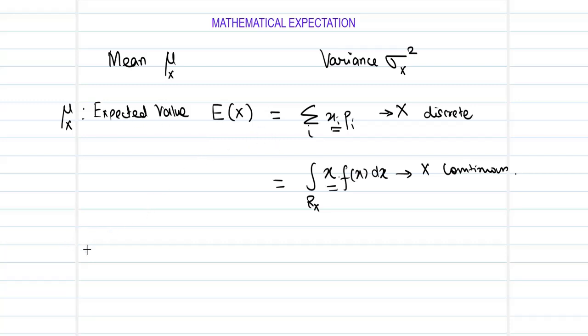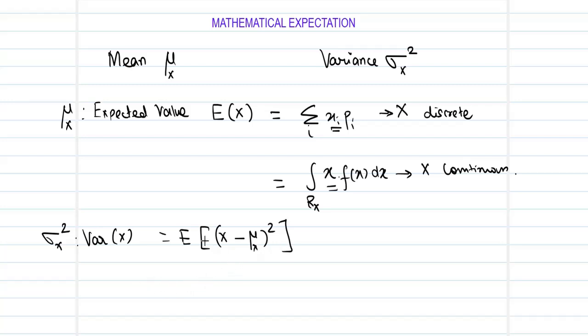Next comes the variance of x, denoted by sigma x the whole square. This is defined as the expected value of x minus the mean mu x, the whole square.